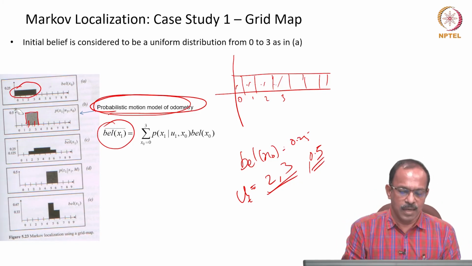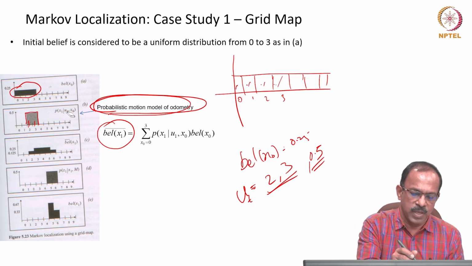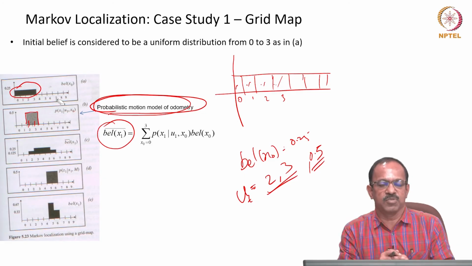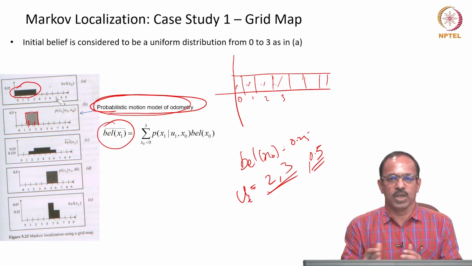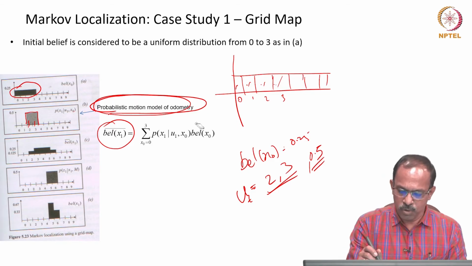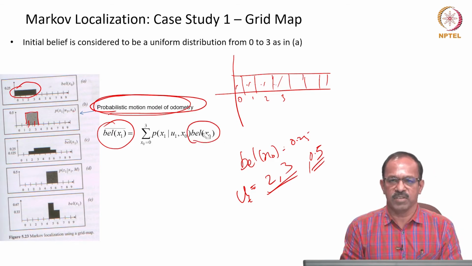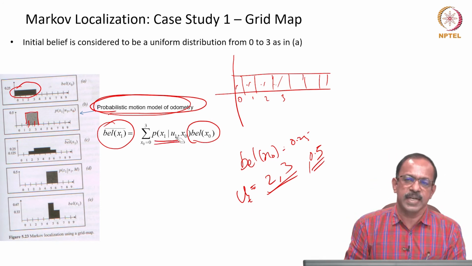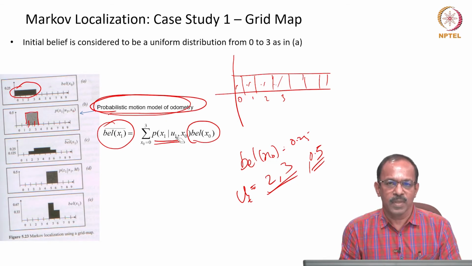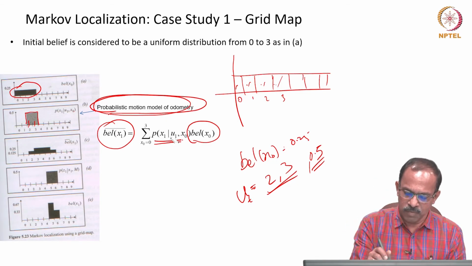So that is the P(x1 | u1, x0). From x0, control input u1 is given, and it could have moved 2 steps or 3 steps forward. The robot does not know how much exactly, but it could be 2 or 3. Now we have 2 pieces of information. One is the belief x0. And then we have the probability that the robot has moved 2 or 3 from x0 with a control input.